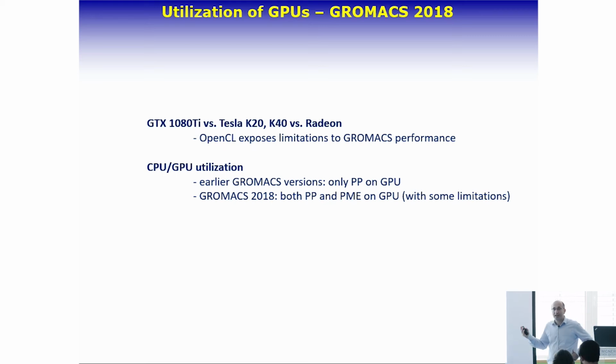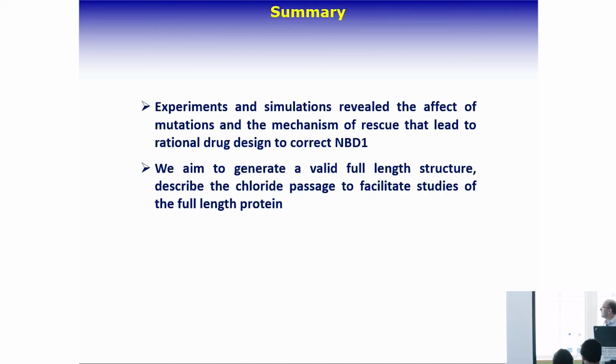The limitation is that, while short-range interactions can be calculated on different GPUs, long-range interactions only on one GPU. The basis behind this decision most likely is that the long-range interactions should be communicated pretty frequently with pretty large data between GPUs, and that would be a big problem.